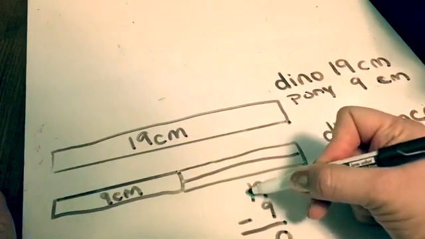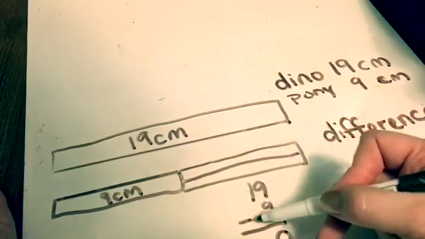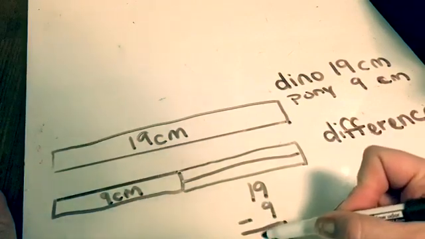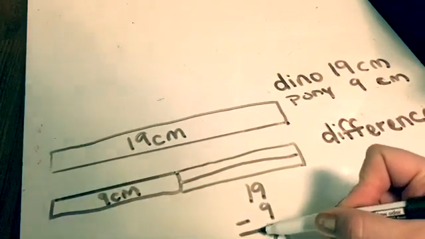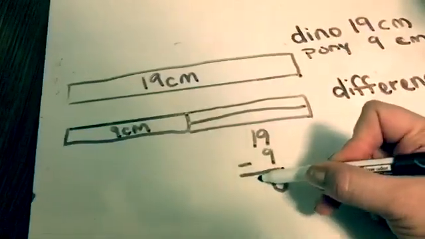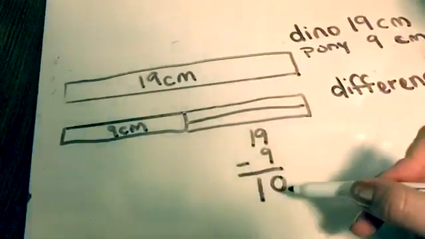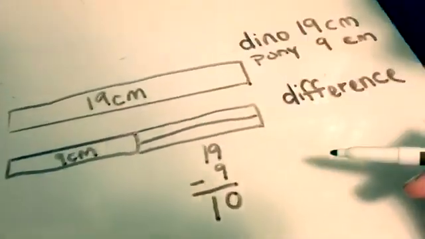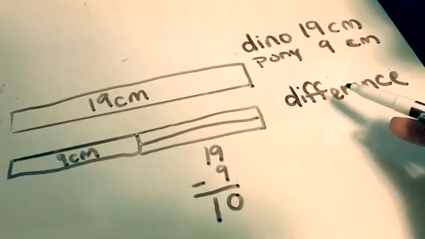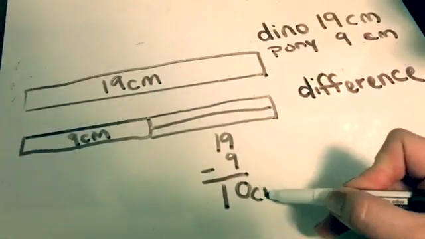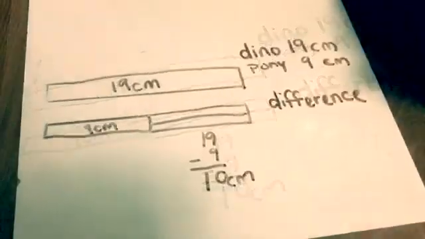Now let's go over to the tens place. 1 ten minus no tens is still 1 ten because I didn't take anything away. So that'd be 10. So the difference in the length between the dinosaur and the pony is 10 centimeters.